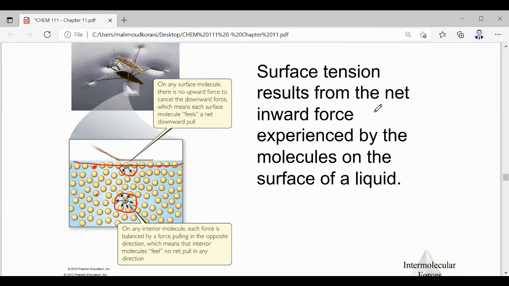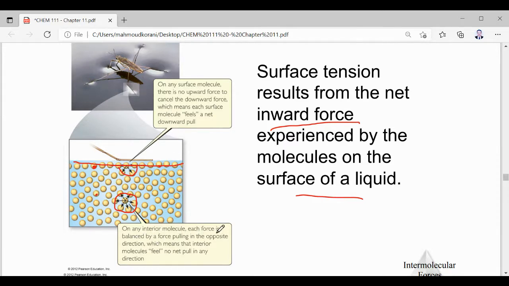Surface tension results from the net inward force, as I mentioned, experienced by the molecules on the surface of the liquid, which are pulled down by the bulk molecules. Just read these.